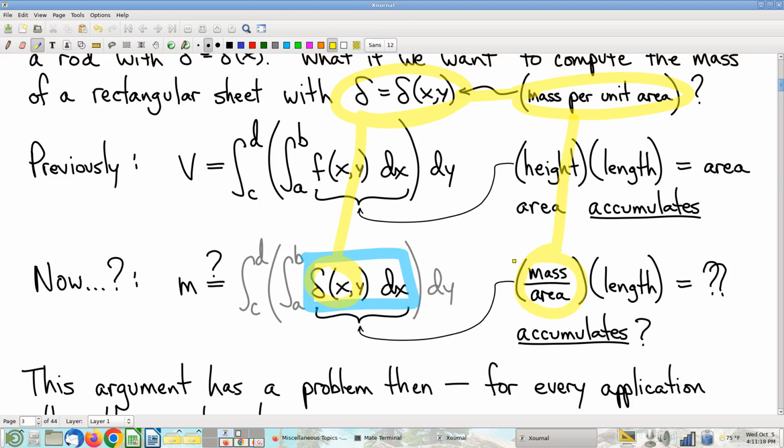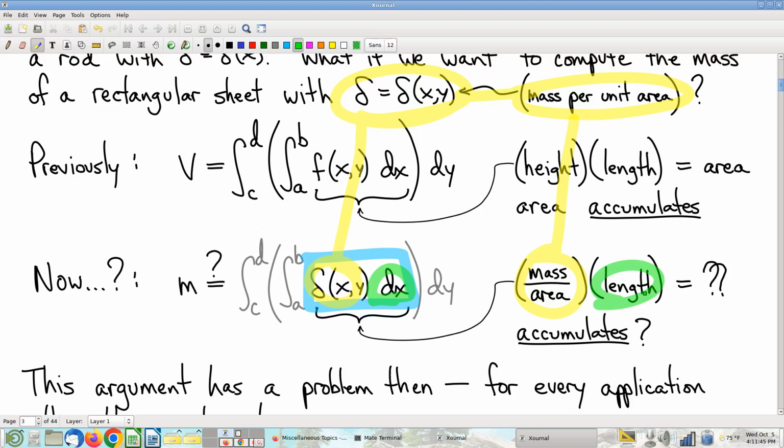In this scenario, we've got a rectangular sheet. The mass is distributed across area. What do you get when you multiply mass per unit area times length? And it's just a mismatch. Mass per unit area was intended to be multiplied by areas. And mass per unit area times area gives you mass.